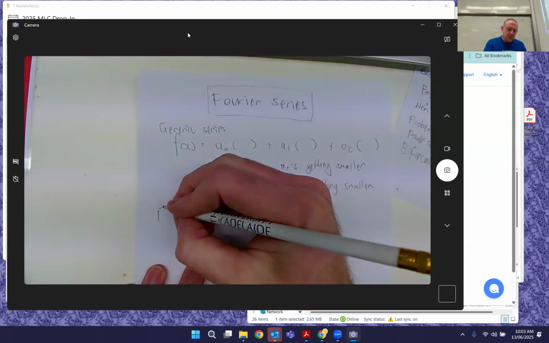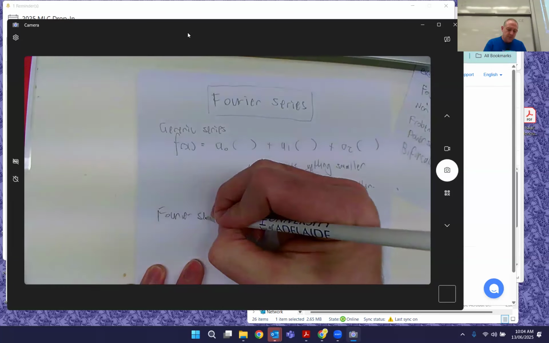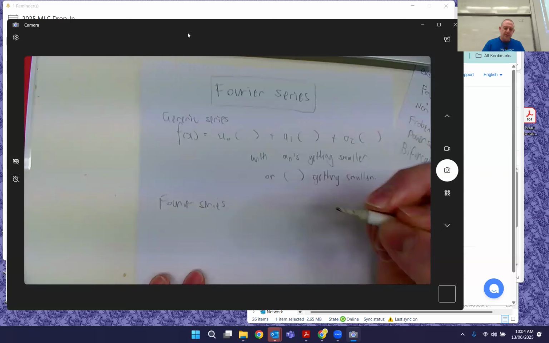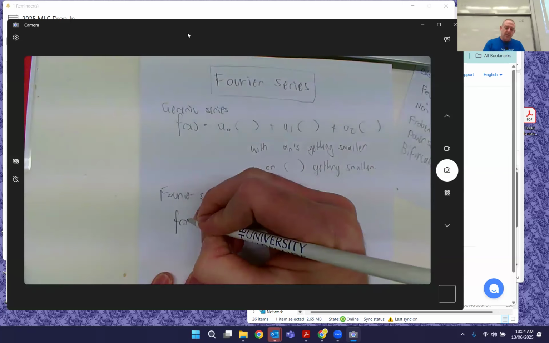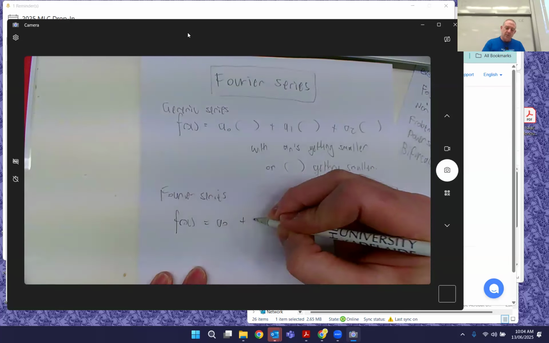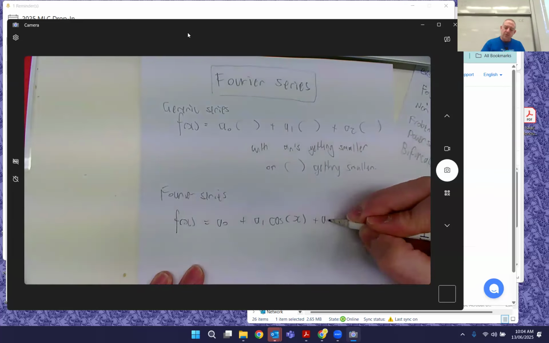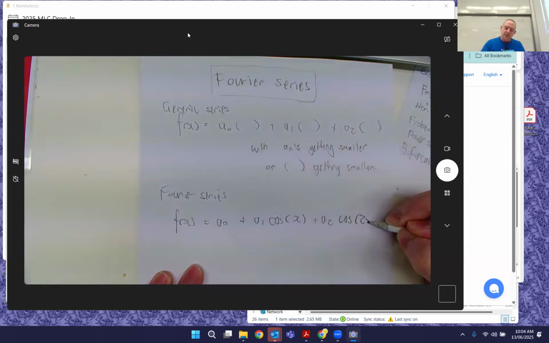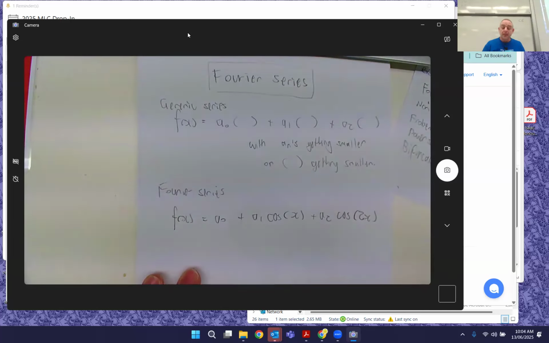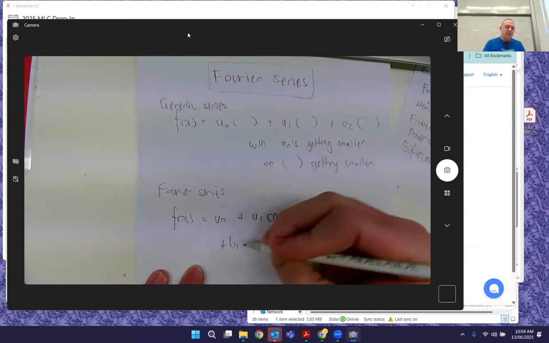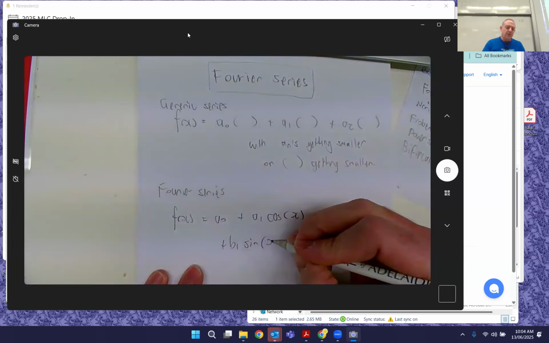in a Fourier series, it'll be something like a naught plus a1 cos x plus a2 cos of 2x and so on, right? And there's probably going to be sines as well.